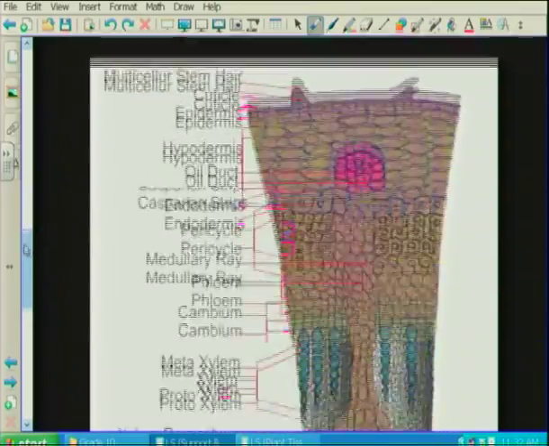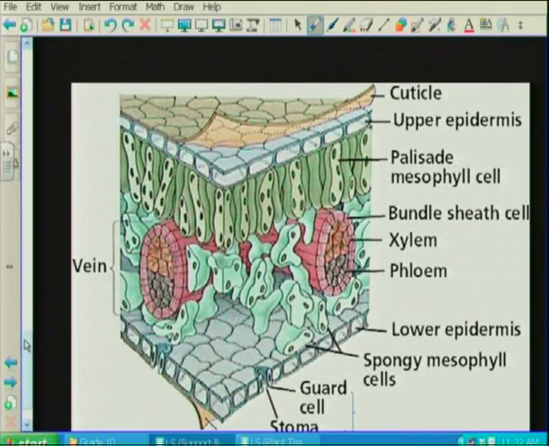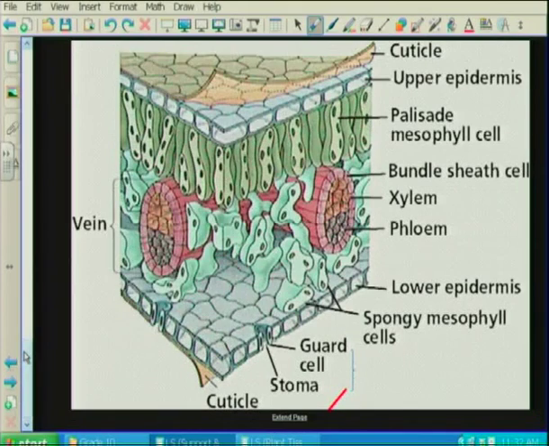If we go and look at the leaves, the anatomy of a leaf, which we didn't touch on in this lesson, but just for quick revision, this is what a cross-section of your leaf would look like. You also get your xylem and phloem. You have your lower epidermis, your upper epidermis, the cuticle, which is very important in the leaves because they have a very big surface area and it prevents water loss, and the vein there.